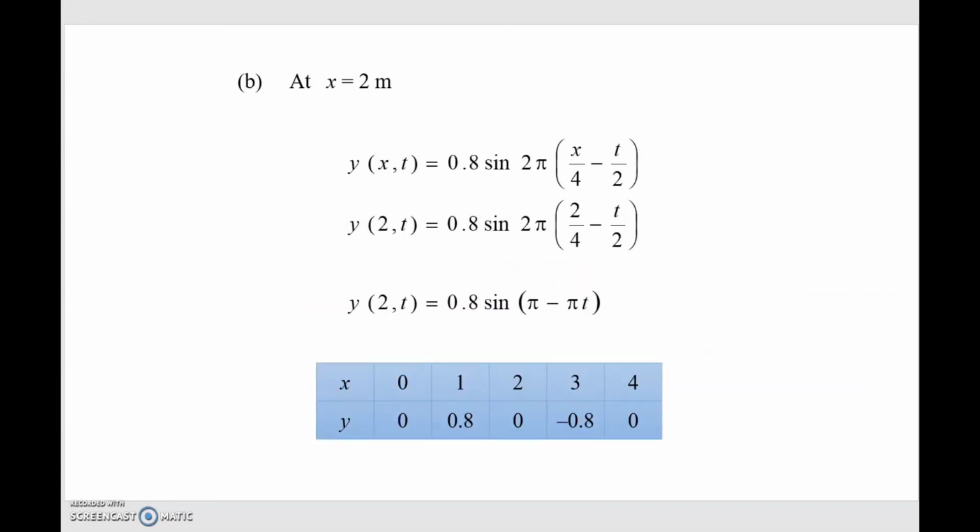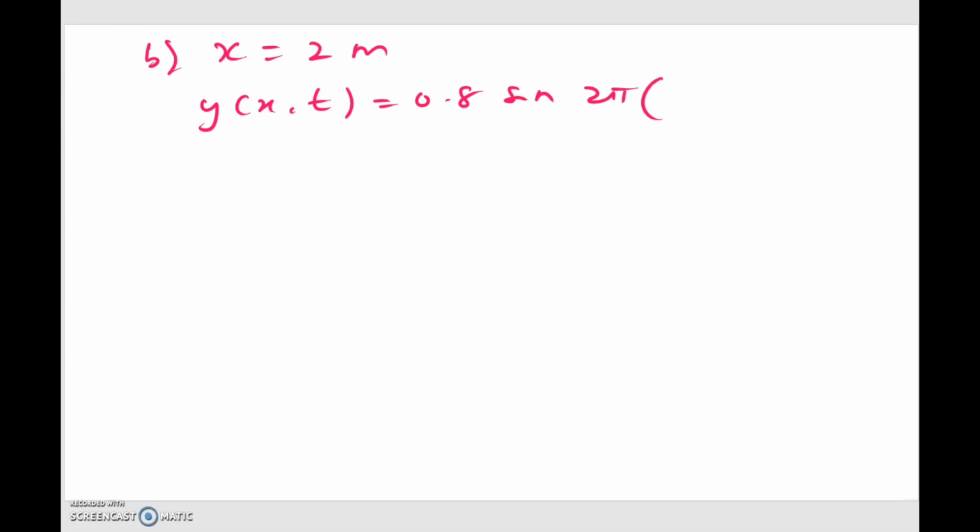So then, we look at question B when x equal to 2 meters. Okay, when x is equal to 2 meters, we have the equation y of x, t is equal to 0.8 sine 2 pi x over 4 minus t over 2.